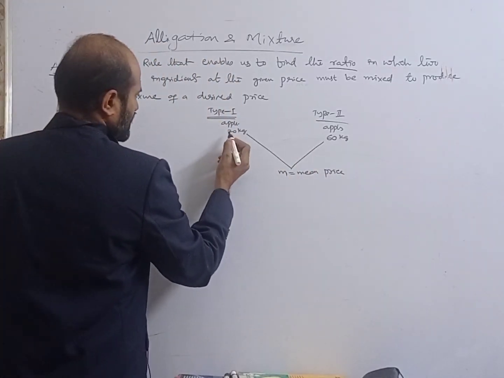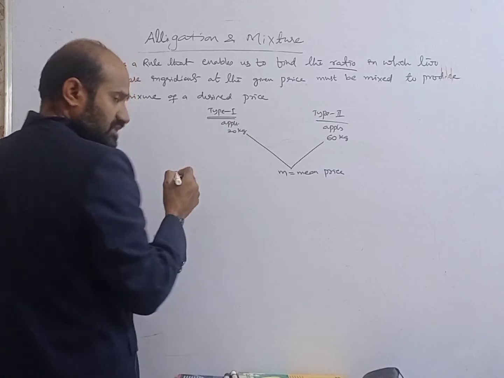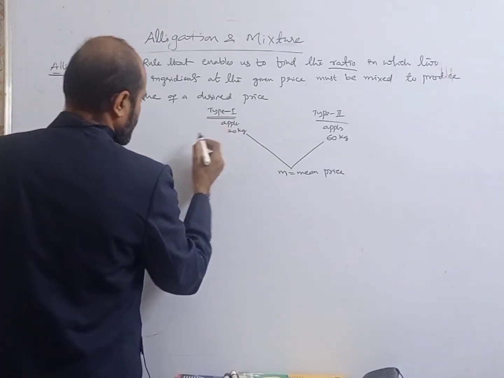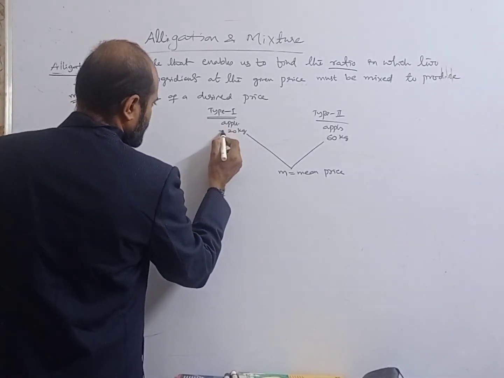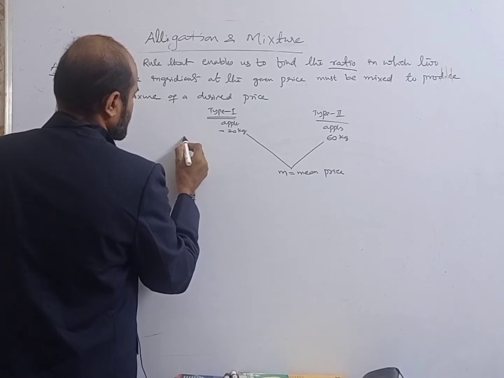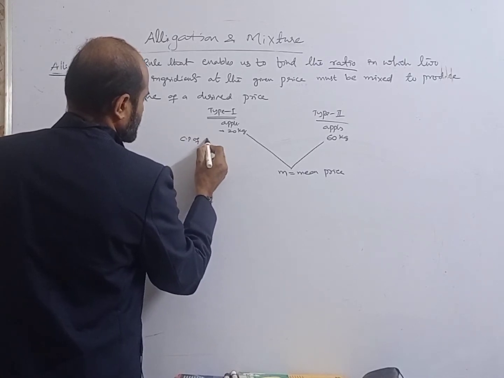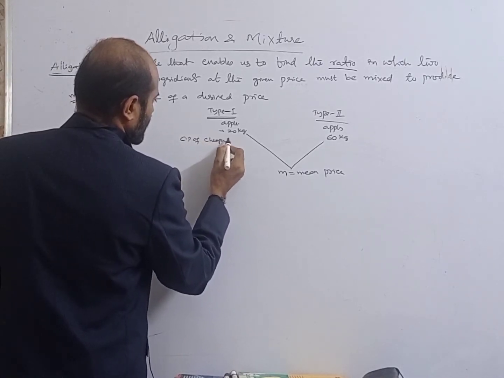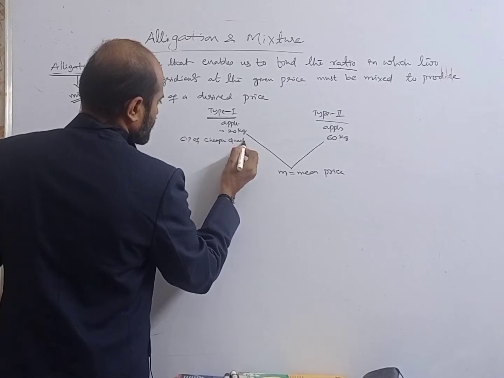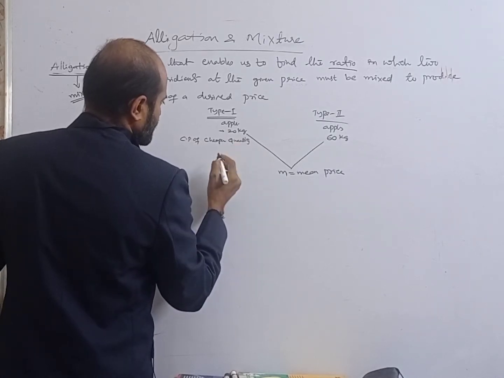Now see here, 20 rupees is the cheap cost, therefore I can say this is the cost price of the cheaper quantity.